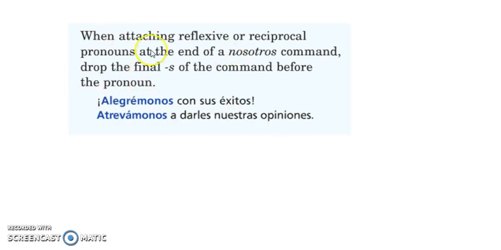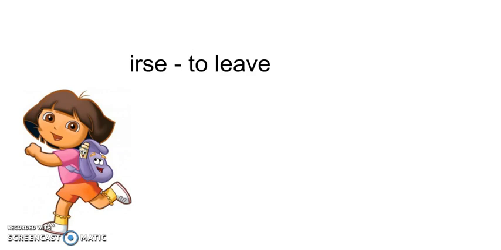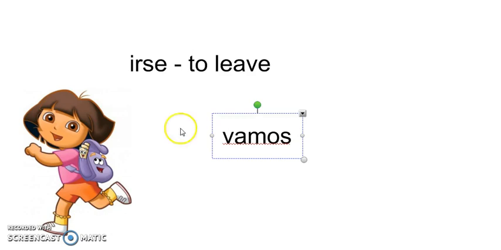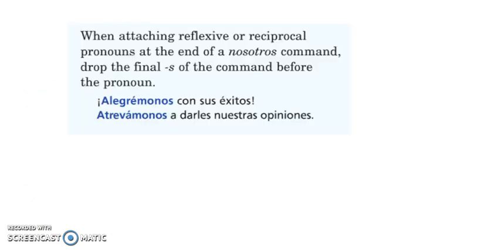So, using this rule, let's think about something. If I wanted to do the nosotros command of the verb irse, what would it be? Well, the rule says to do the command, vamos, but what do I have to do?